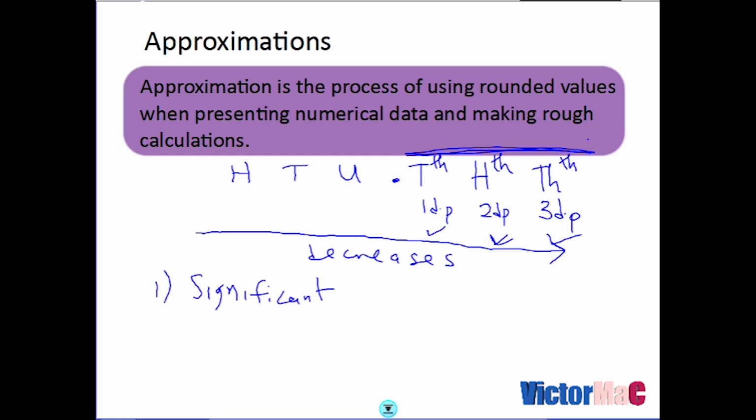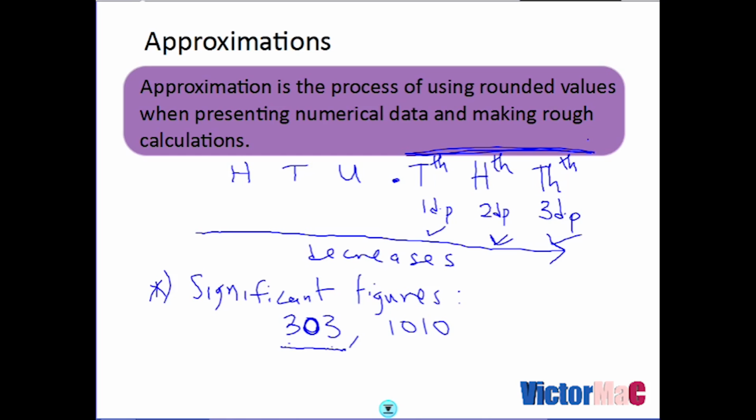For significant figures, it can be 2 significant figures, 1 significant figure, but a special case is when we have zeros in between non-zeros, like this. This is a 3-digit number having 3 significant figures, because this 0 is in between 2 non-zeros, so it's referred to as a significant figure.